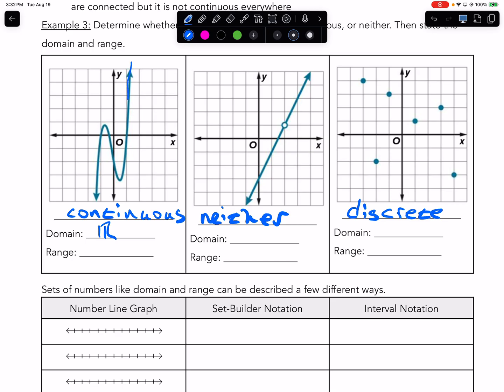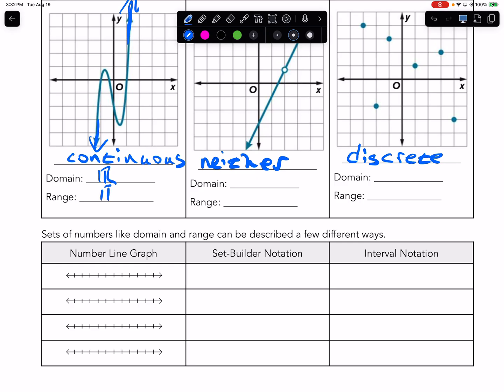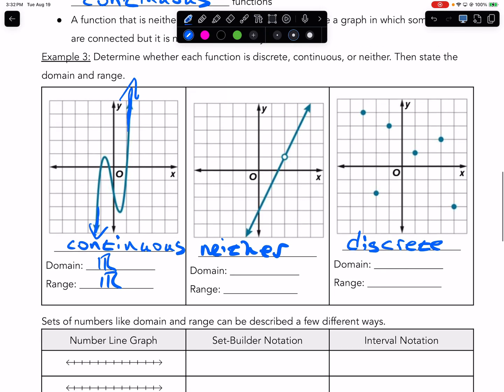Because these arrows on y keep going up forever and down forever, will it include all y values as well? Sure will. So that's a cubic function. When it's got a wiggle in the middle like that, that's a cubic function. So that is also all reals.